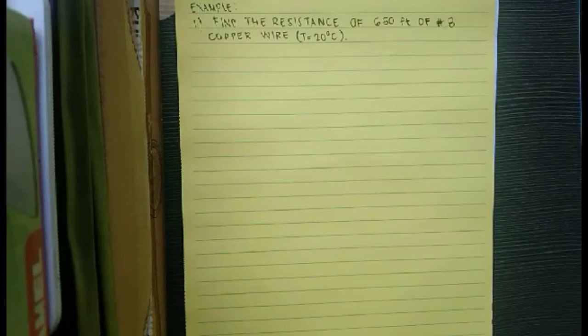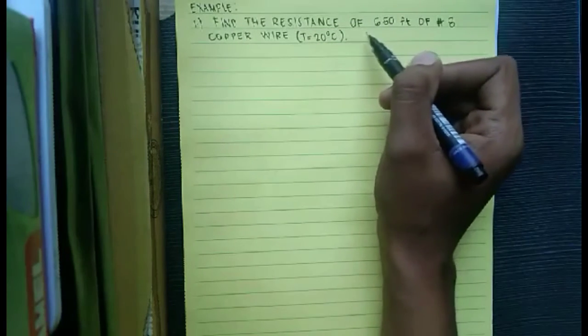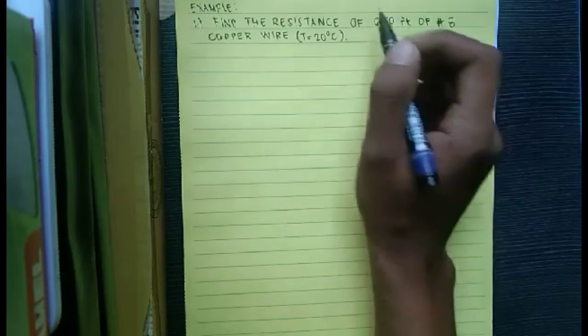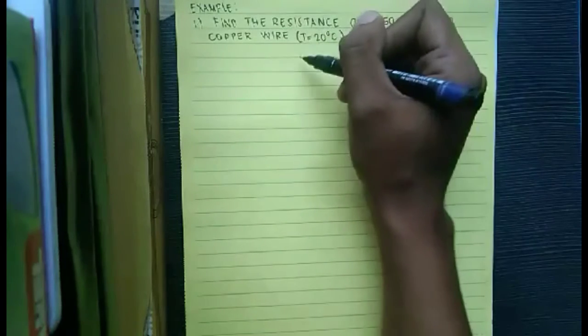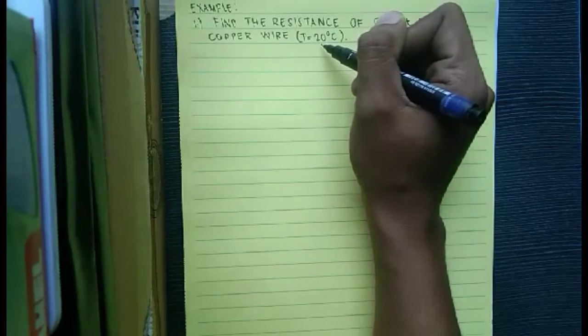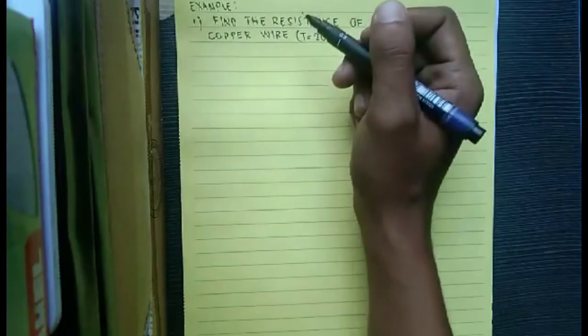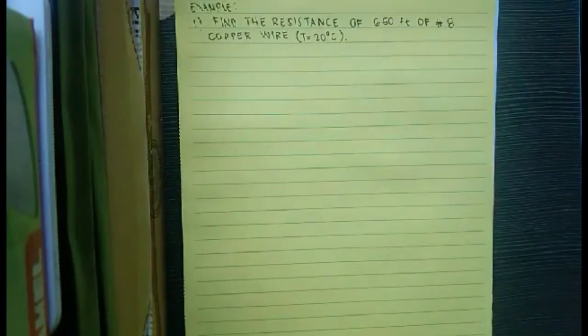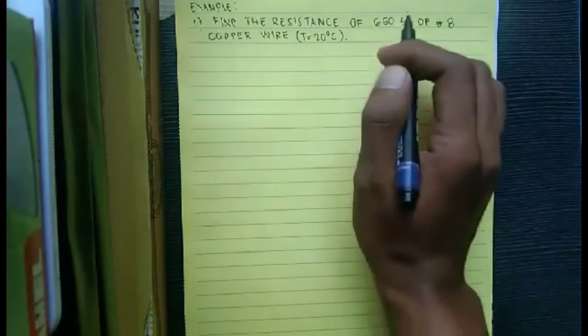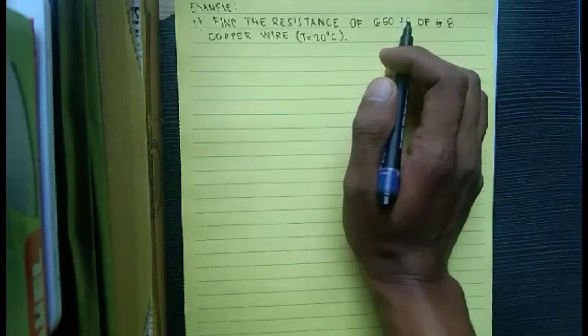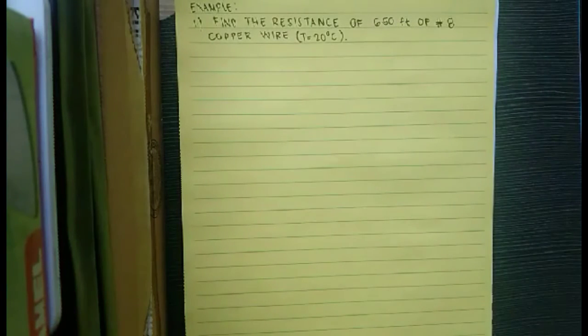Okay, sa example number 1 natin, sabi, find the resistance of 650 feet of number 8 copper wire at T is equals to 20 degrees Celsius. So, problem number 1, sabi niya, hanapin daw natin yung resistance of 650 feet of number 8 copper wire.